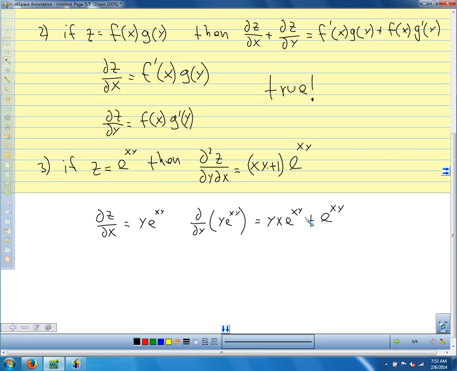Factor out the e to the xy, and we get xy plus 1 times e to the xy. So that is true. So that was an easy one. It would be okay to put that one on the test. All right, questions on those examples?